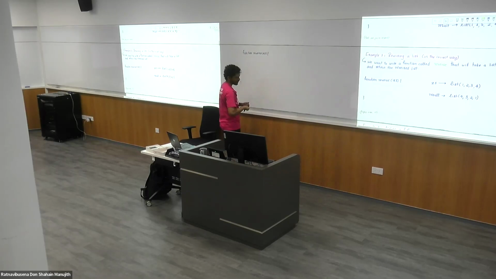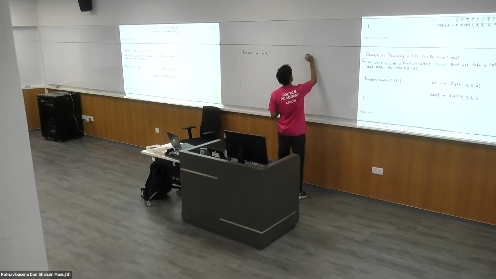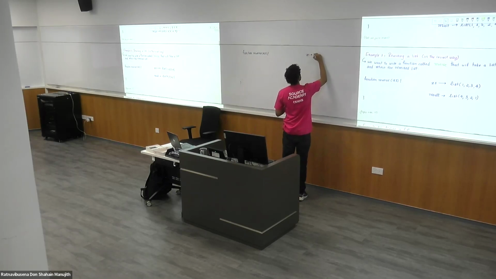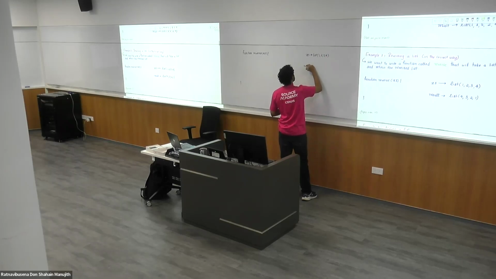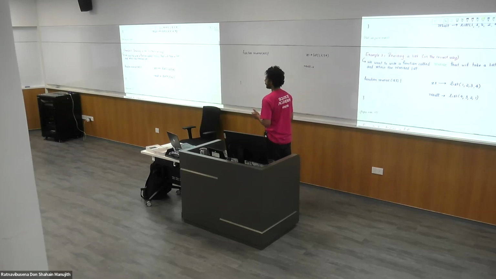Okay. So we have function reverse. For example, if I had xs as list 1, 2, 3, 4, what's the result? If I reverse this list xs, then what do I get?